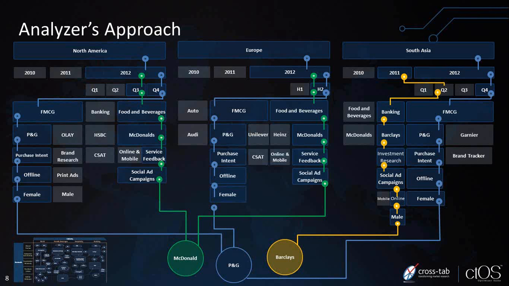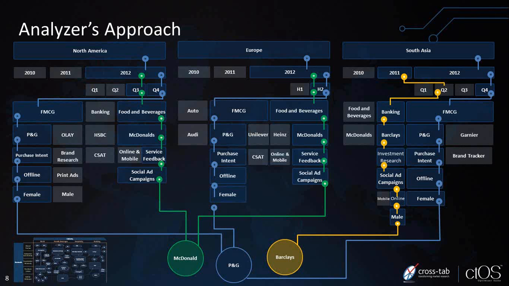All this is possible through Analyzer because of the robust data structure behind this, and also when we upload this data, we follow a certain process to unearth all these linkages and upload data in such a way and tag it with so much metadata that it all makes sense when you search through it.